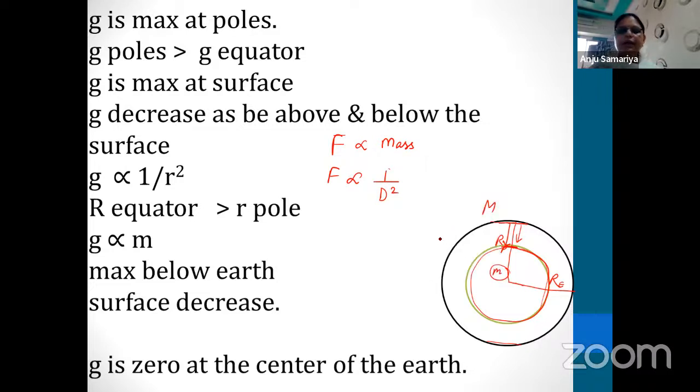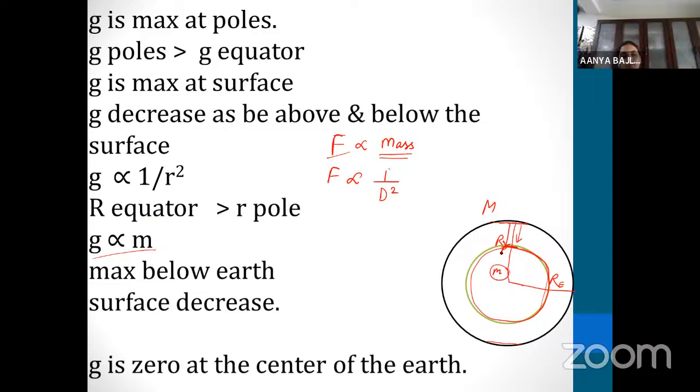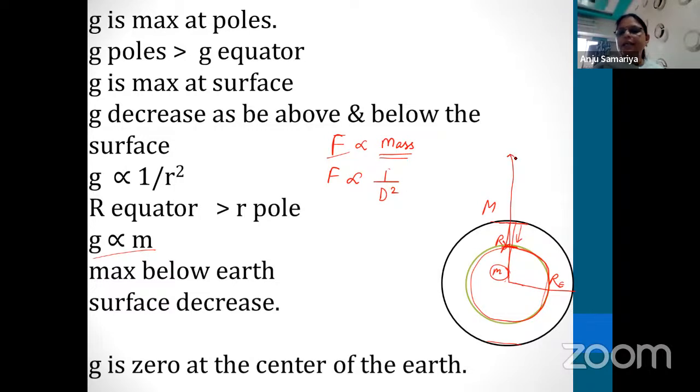Are you getting my point? Yes. So when the mass decreases, F decreases, and g also decreases. So below the earth's surface, the mass of the earth decreases and g decreases. Above the earth's surface, the distance increases, and so g decreases. Got it? Yes.